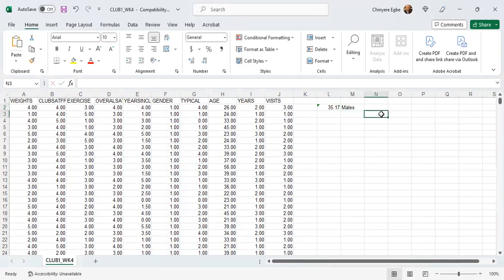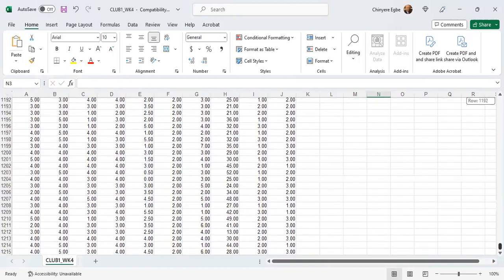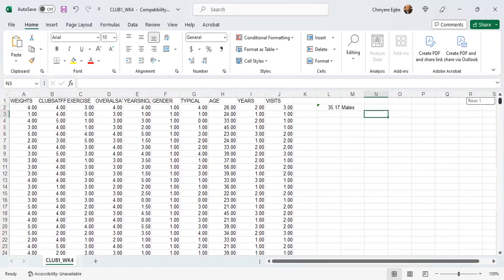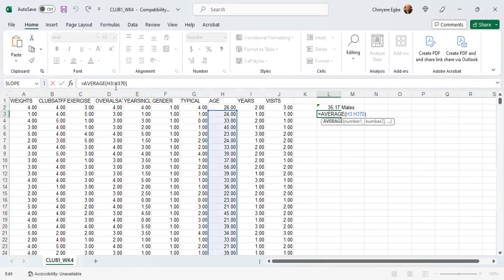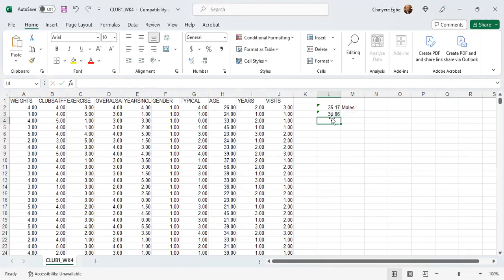is 35.17. Okay. And so the average age for the females would be from 370 to 1215, and that is 34.8.